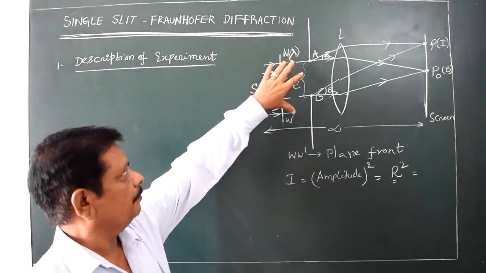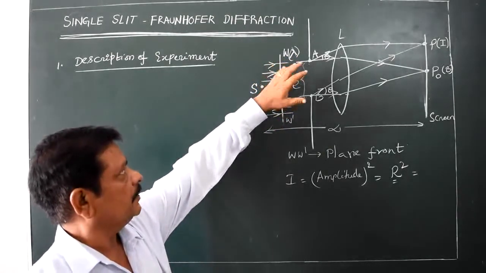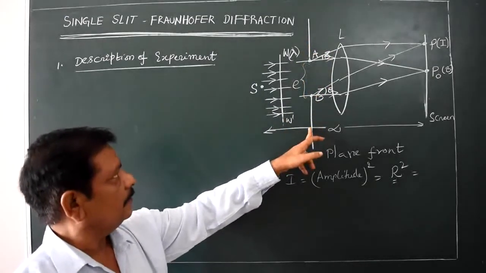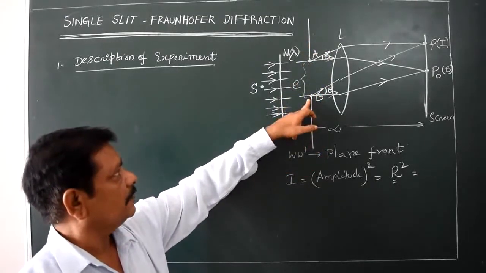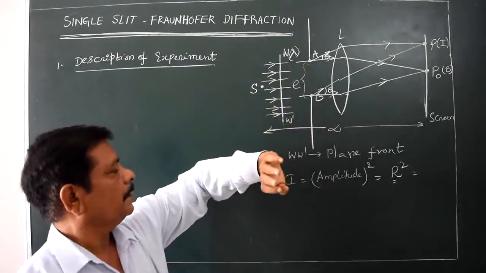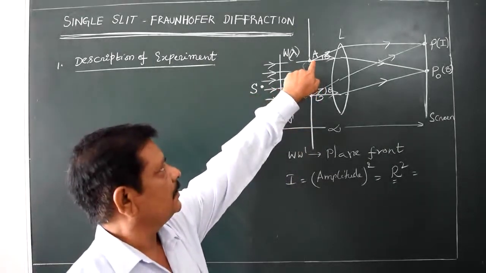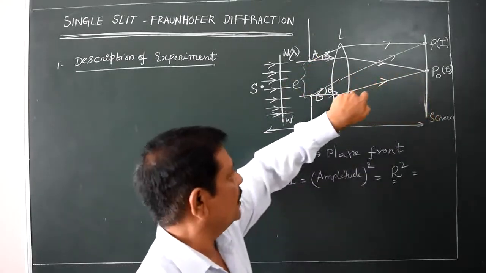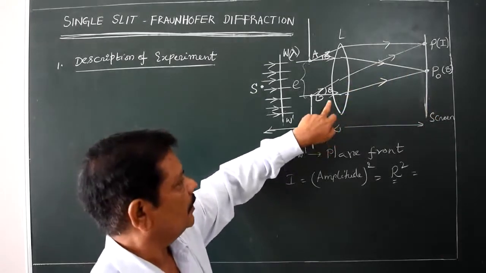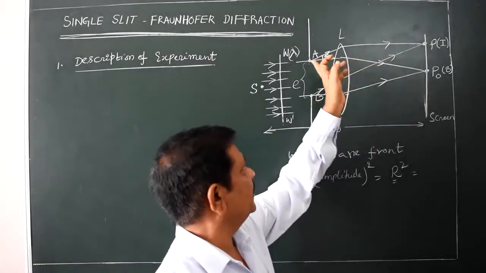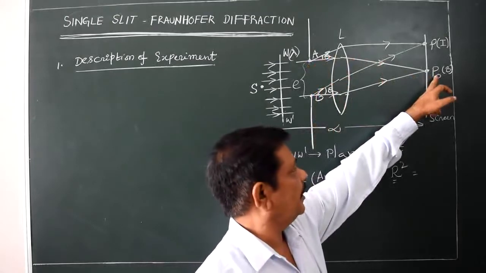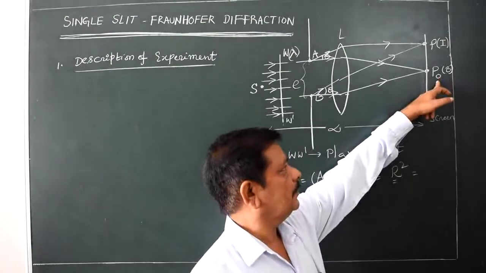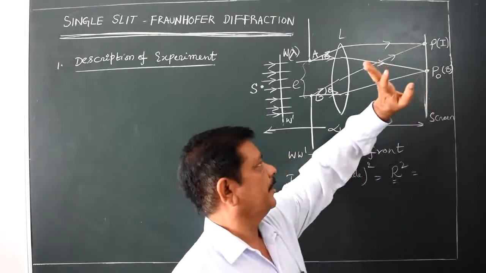This light is allowed to pass through a screen where it has a single slit AB of width E, and the light passing through the slit AB is focused on the screen with the help of convex lens L. The light focused in the direction of incidence from points A and B is focused at P0. This point is always a bright point.